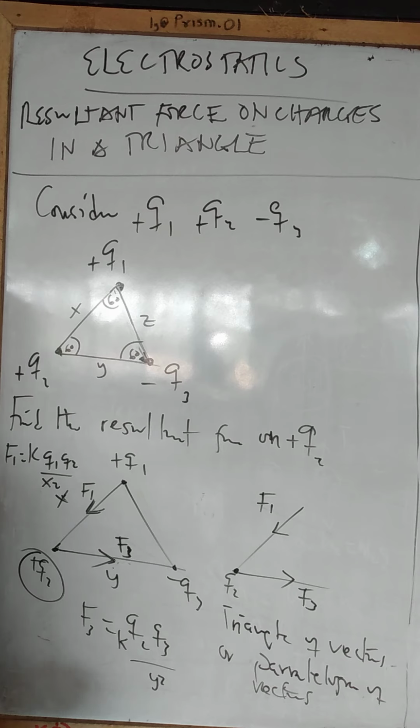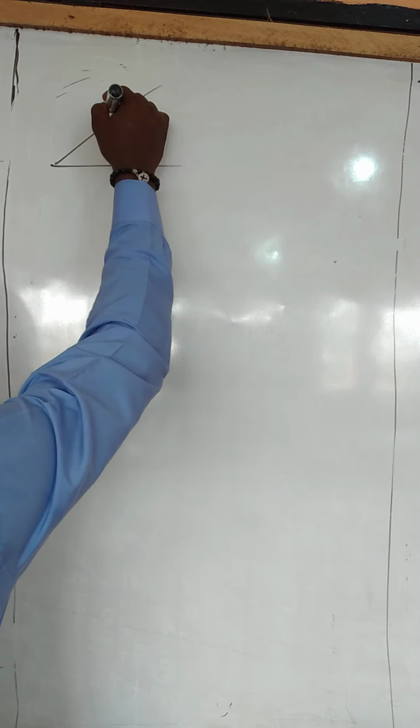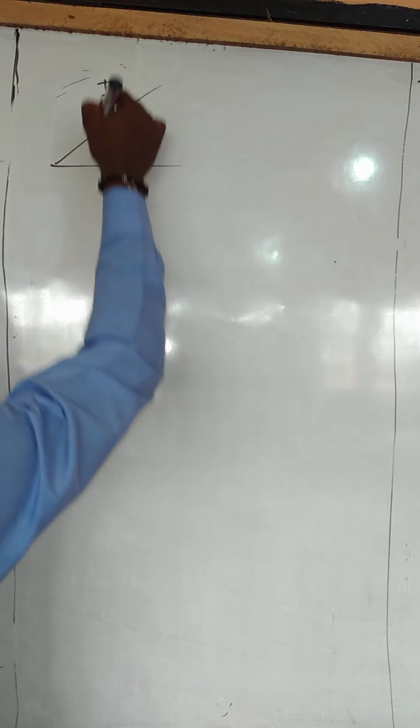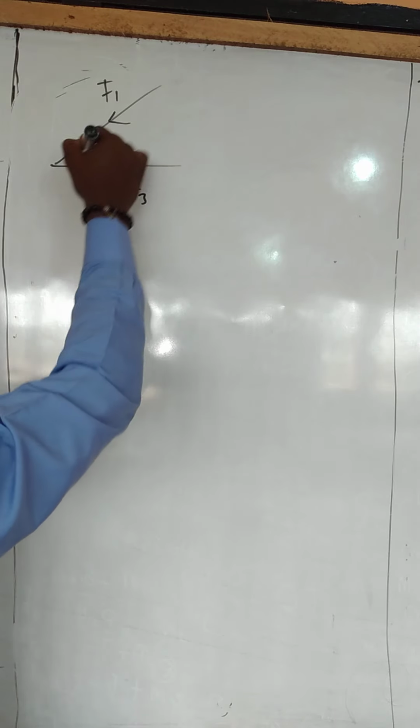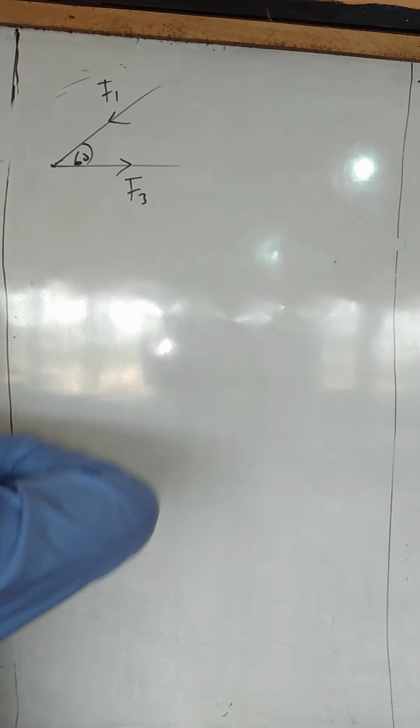Okay, now let us just complete this one and then see where to move on from. From the diagram we can use either the triangle of vectors or the parallelogram of vectors. This is F1, this is F3. This is 60 degrees anyway.